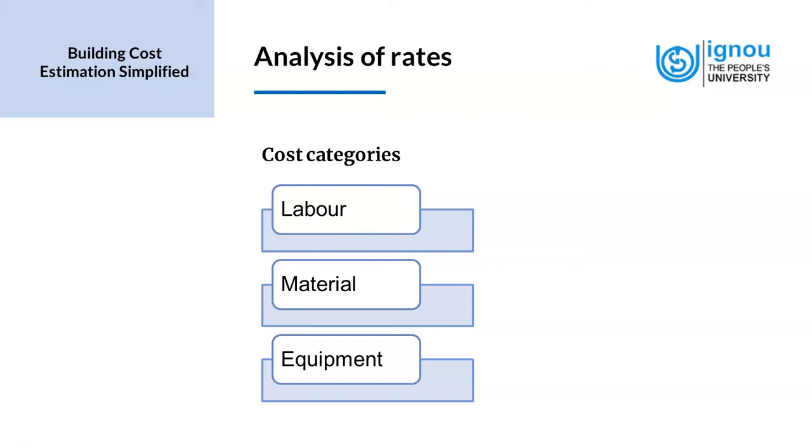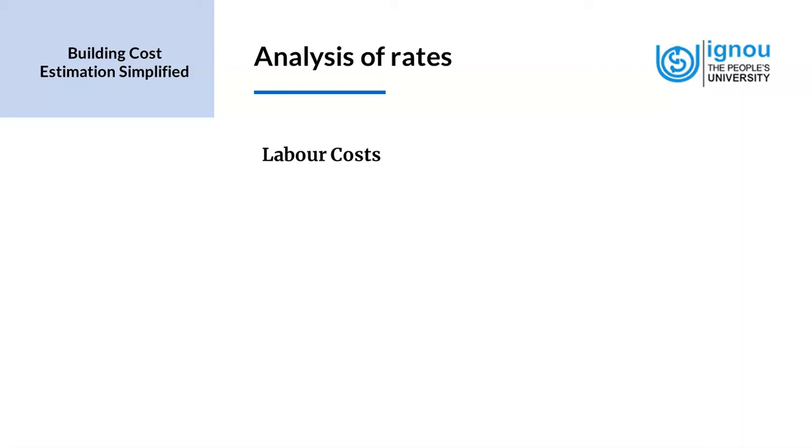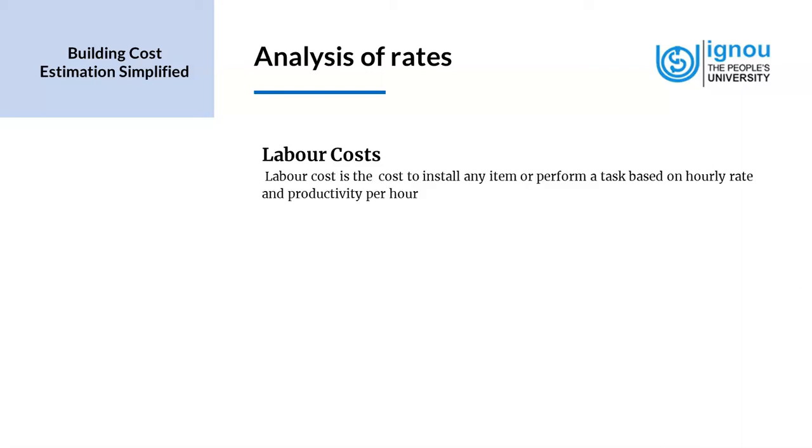Now let us look at the main categories closer. First of all, we will look at the labor cost. Labor cost is the cost to install any item or perform a task based on hourly rate and productivity per hour. Let me repeat that.